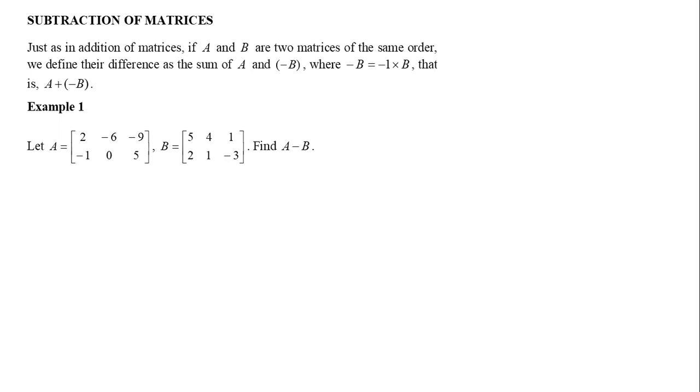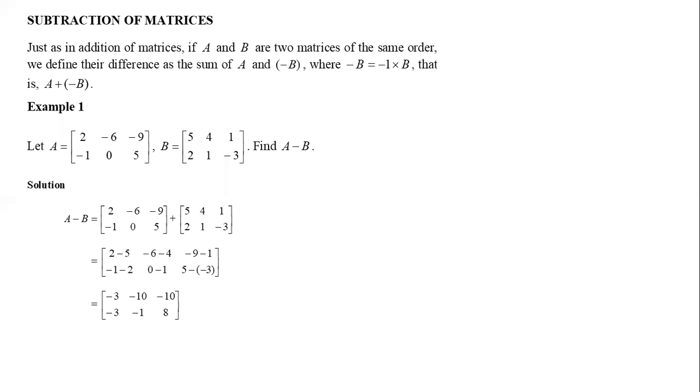Your -1 will act as a scalar, and I use it to multiply my B. If I use minus to multiply, all the signs will change. Or you can also subtract directly. You have the same result. It's the same as saying -1 to multiply it. And at the end of the day, you have your result. That is how to subtract matrices.